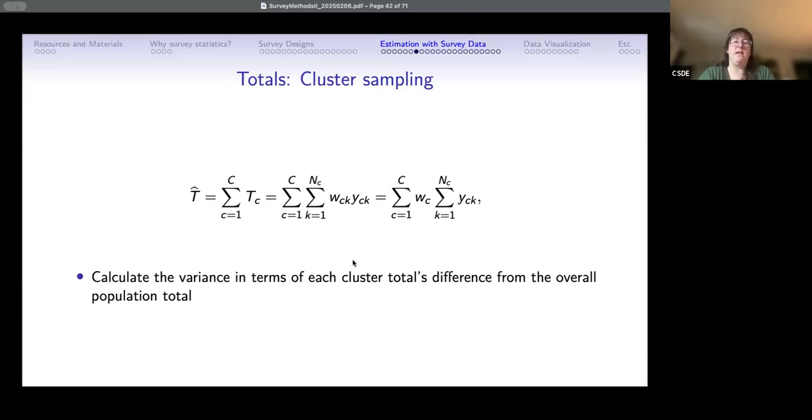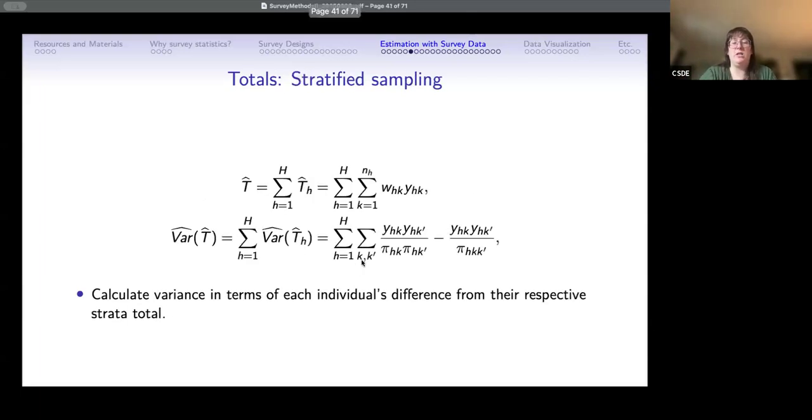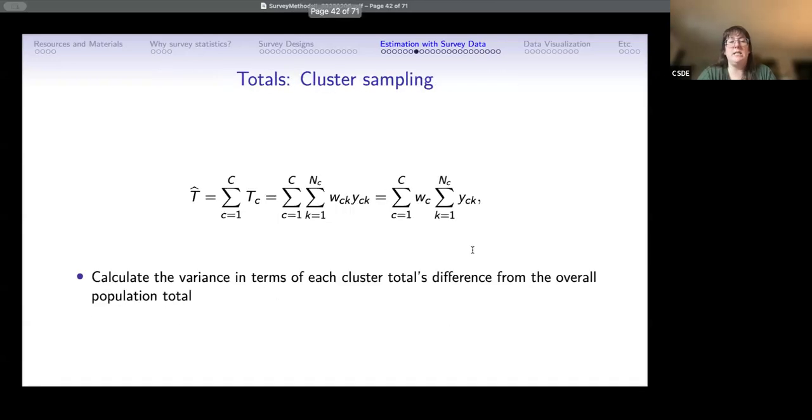In a cluster variance term, we are actually subtracting out here. I didn't put this here, but this variance depends only upon individuals in the same cluster. So we're subtracting, same thing with the strata, each individual's observation in the sum of squares, where we estimate the variance from the cluster or strata level mean instead of the overall mean.